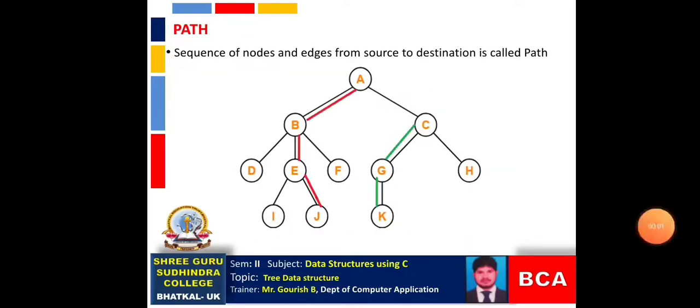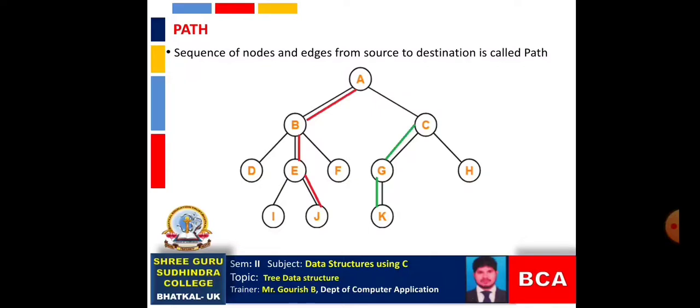Fine. Next one is path. A sequence of nodes and edges from source to destination is called a path. Path is nothing but a sequence of nodes and edges. For example, you can see over here a red line. It starts from A and ends with J. So from A to J, how many edges are there?